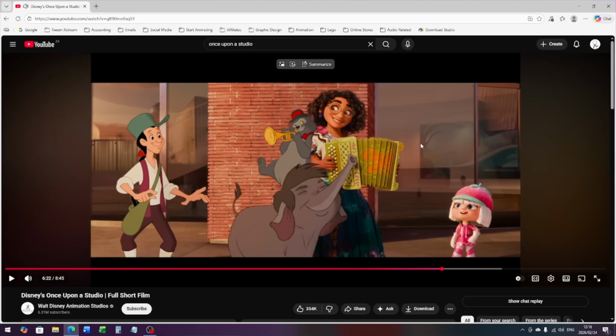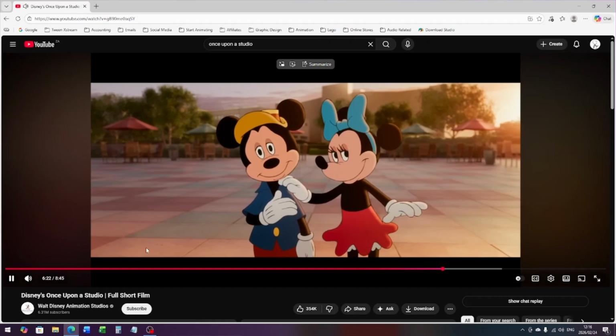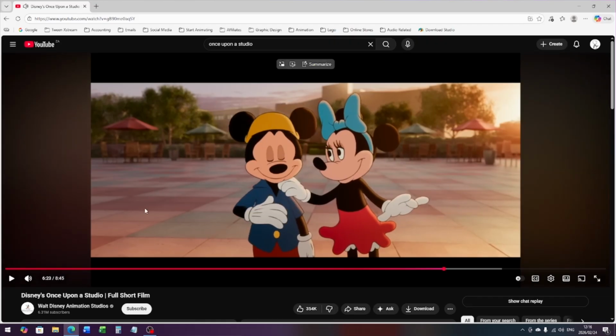So you can see how she moved in an arc right there. It's almost like she moved into the movement.